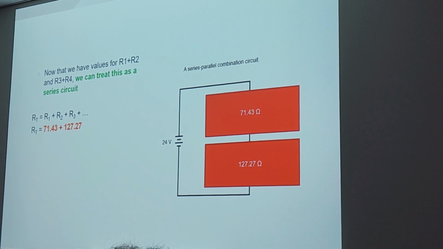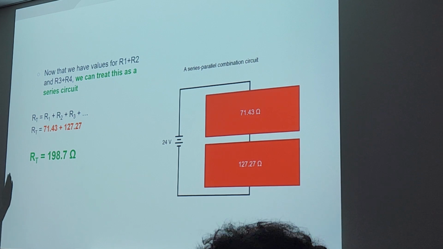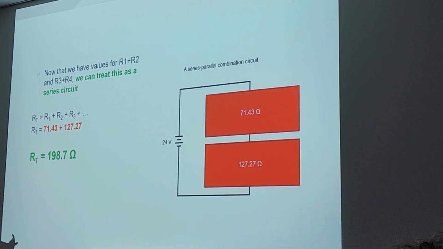So the total resistance across the board here would be 198.7 ohms. No, because now this is a series circuit. We already figured out the individual resistance for the parallel circuits. So now that we have the totals, we can treat it as a series circuit. So you only do that one over anything when it's parallel.